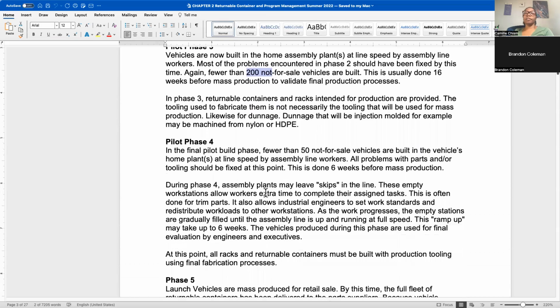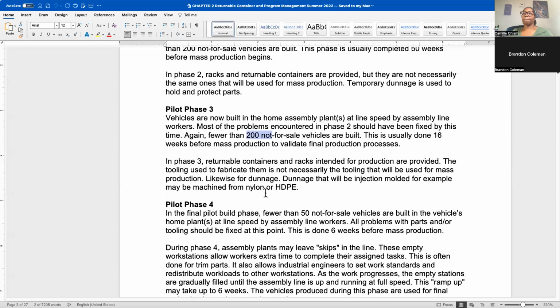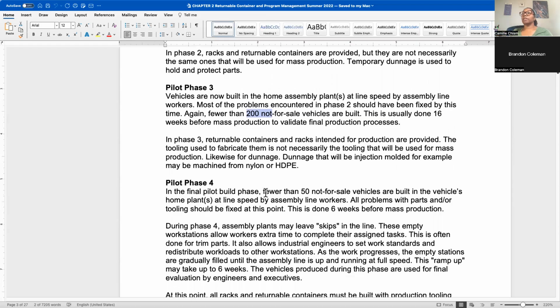So they're already starting to build racks, which means that at phase 3, you want to know what needs to be protected, especially for the ones that are going to go in racks. And this would also go for things that require tooling that has a long lead time. So you want to keep that in mind.